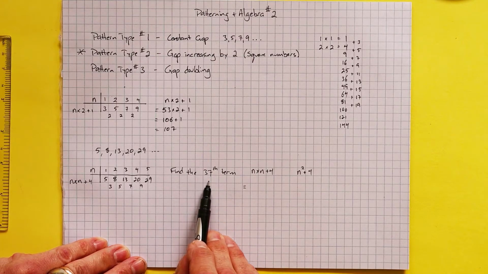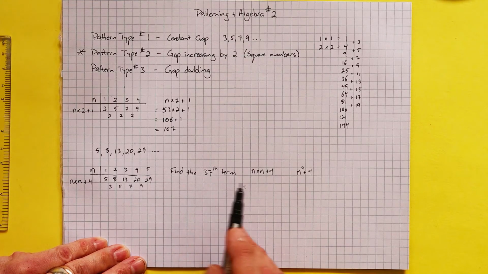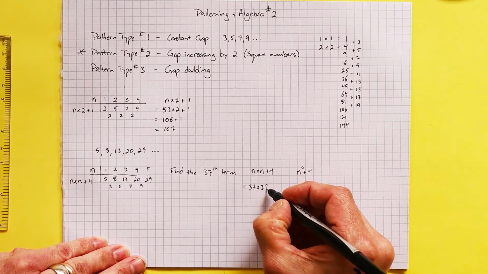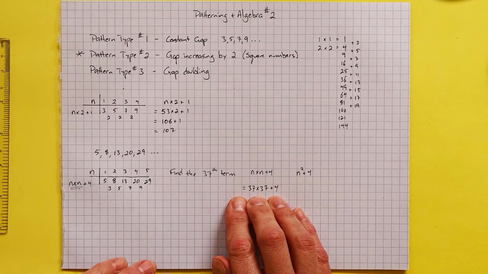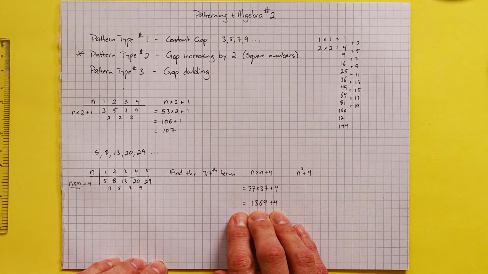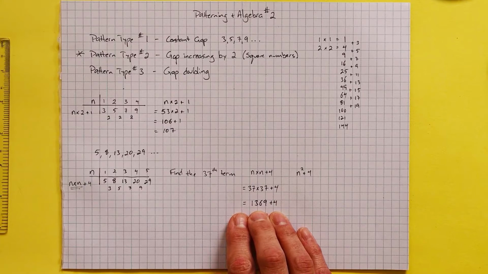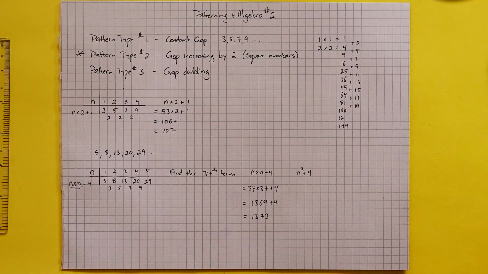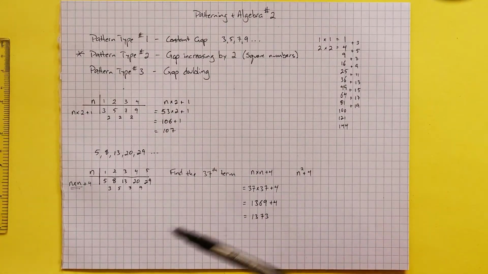Now, n will have a value of 37 in my 37th term, so I substitute that in. This is an appropriate time to use a calculator, so when you do that, you get 1,369 plus 4. Add them together, 1,373, and that is the value of our 37th term.